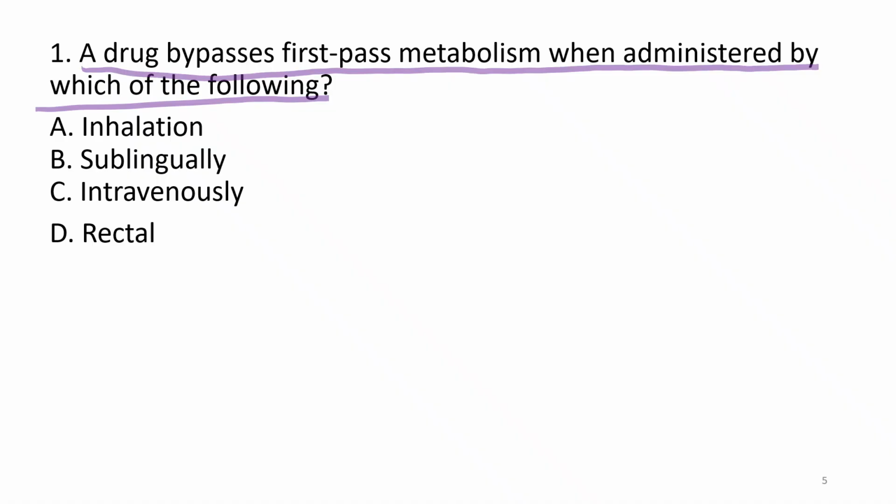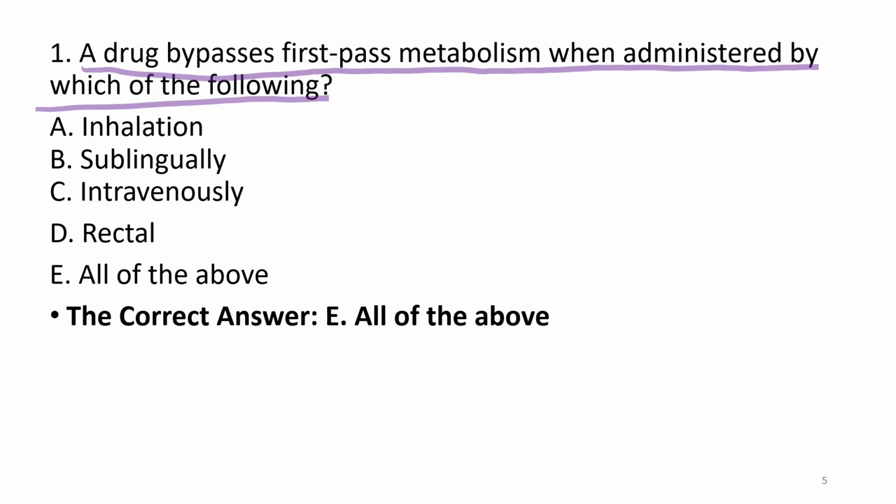I think you got the correct answer, right? The correct answer is all of the above. Inhalation, sublingual, intravenous, and rectal routes bypass the liver, so they have less first pass metabolism.